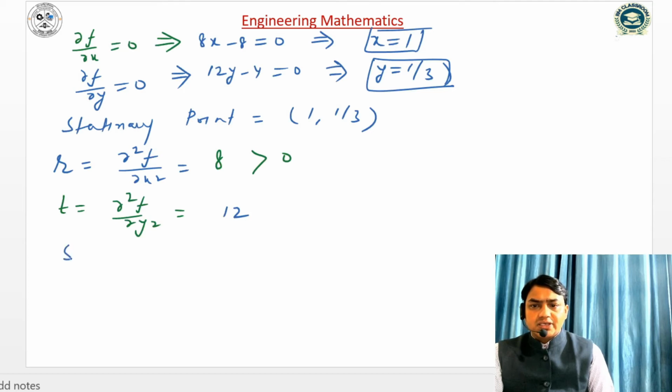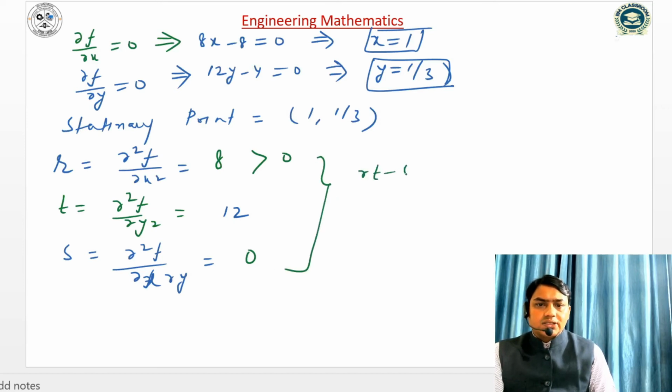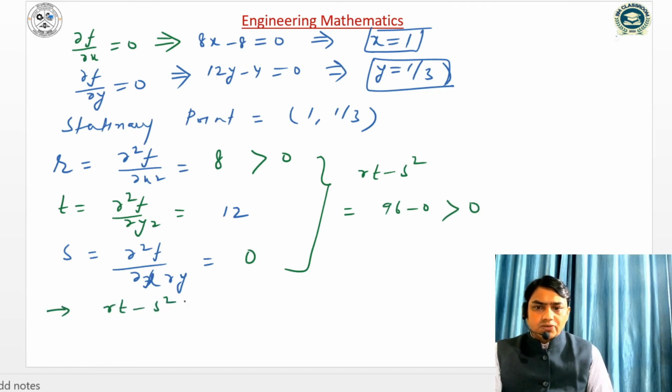And S is del 2f by del x del y, which is 0. So RT minus S square is 96 minus 0, which is greater than 0. So there is a possibility of maxima or minima. Here the condition is RT minus S square greater than 0 and R also greater than 0.